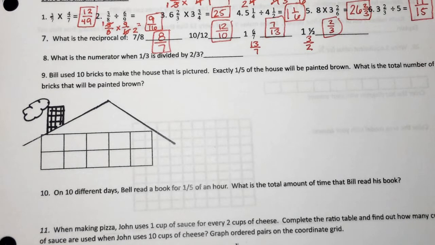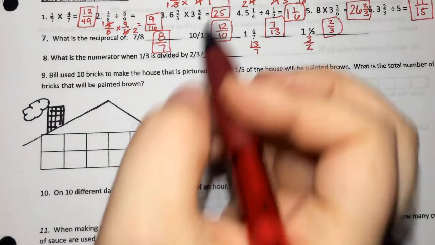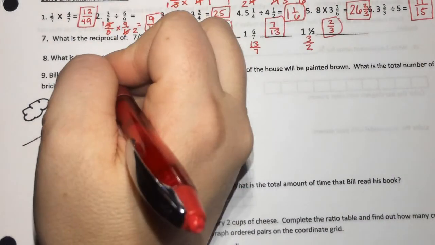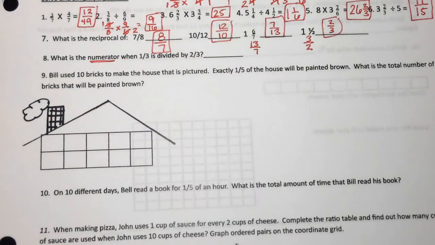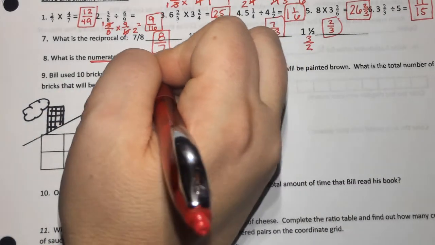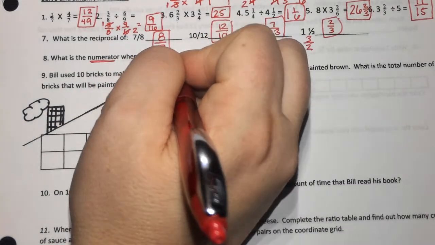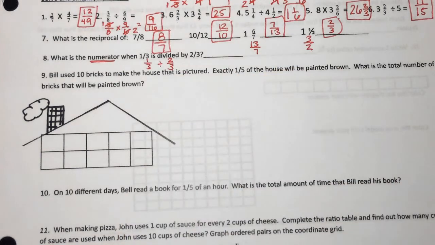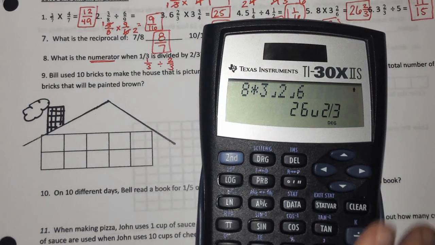All right, number 8. What is the numerator when 1/3 is divided by 2/3? Well, first thing we have to do before we can find the numerator is actually divide. So we're going to do 1/3 divided by 2/3, which means we keep, change, flip. All right, guys, again, we're going to go through this a little bit more quickly.